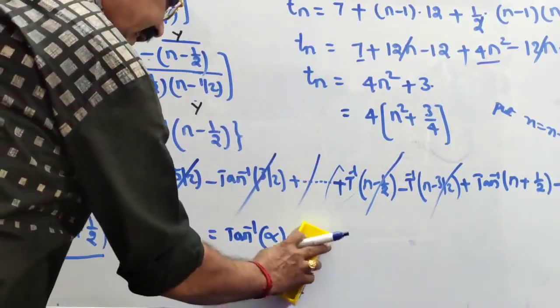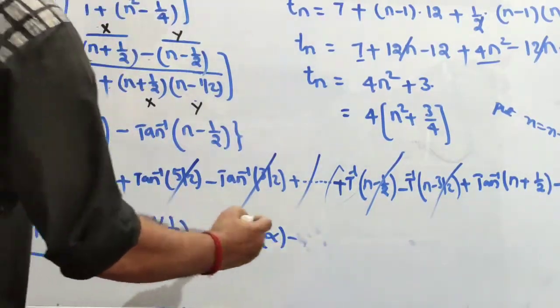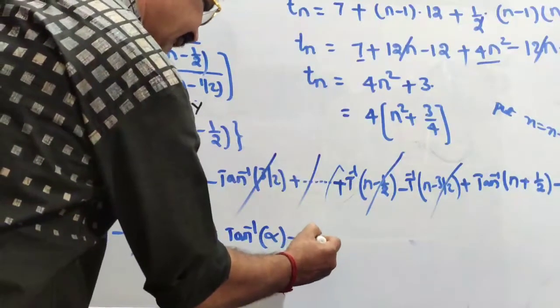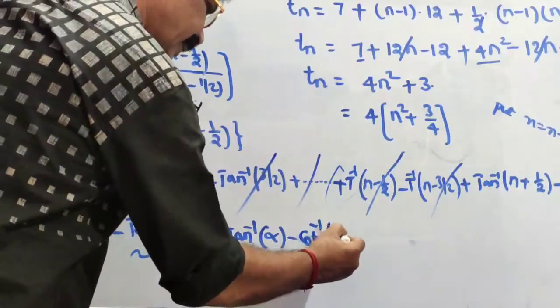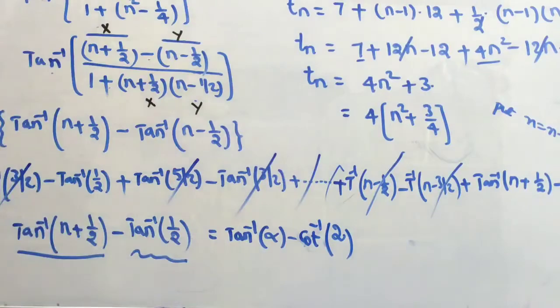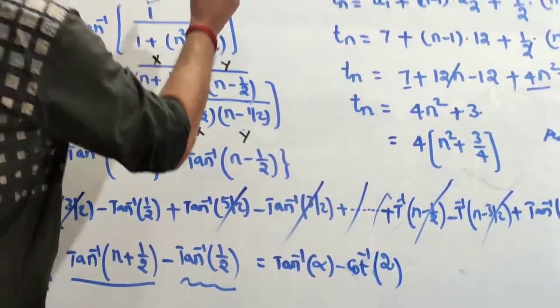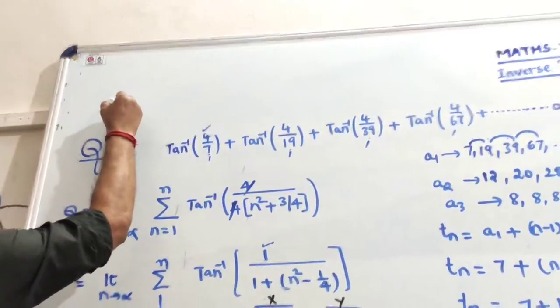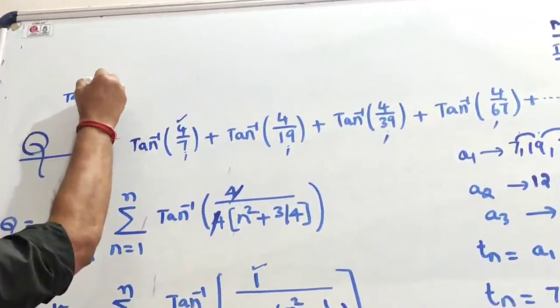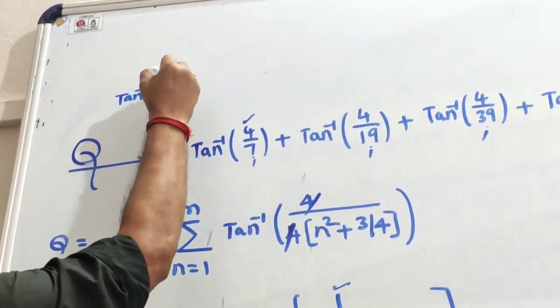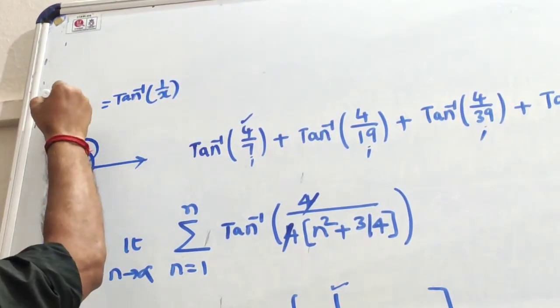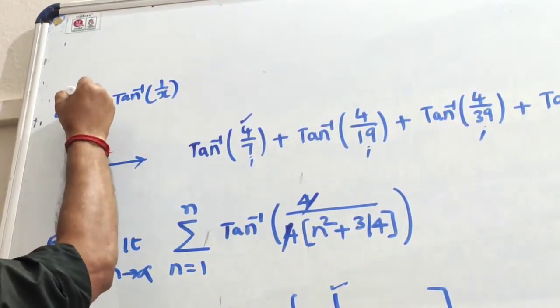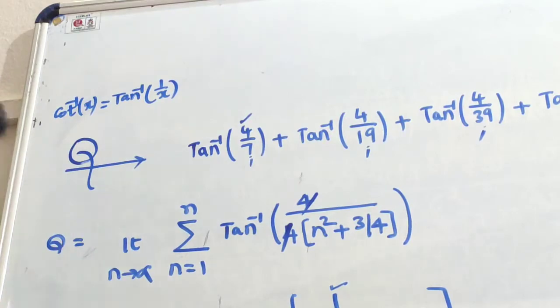Okay. This tan inverse of 1 by 2 can be written in terms of cot inverse of 2. How? You come here. Tan inverse of 1 by x, simply we can write cot inverse of x if x is positive.